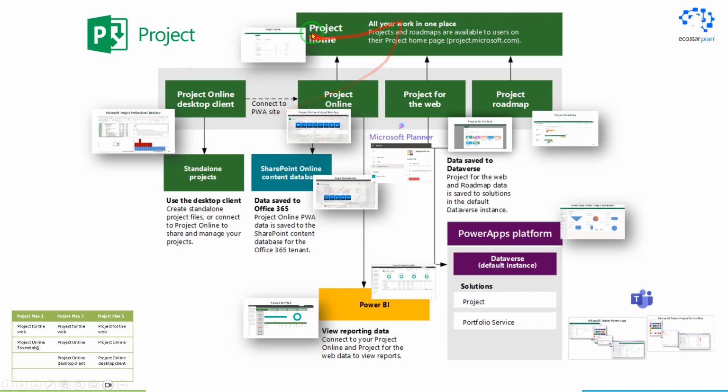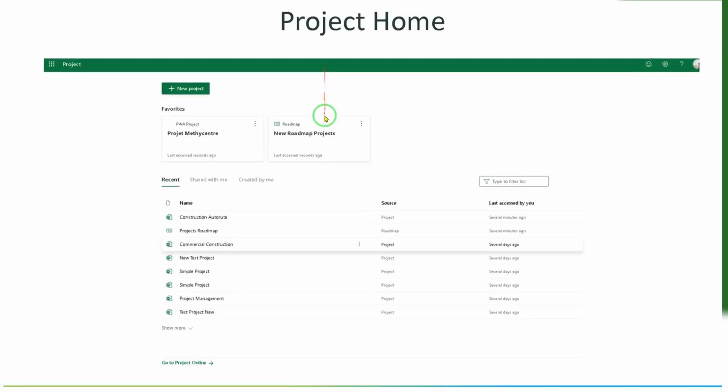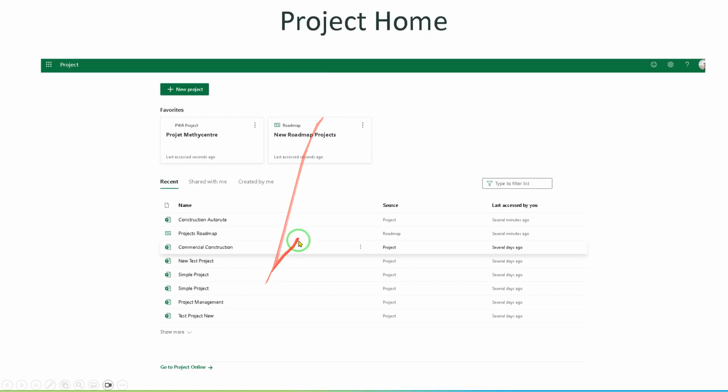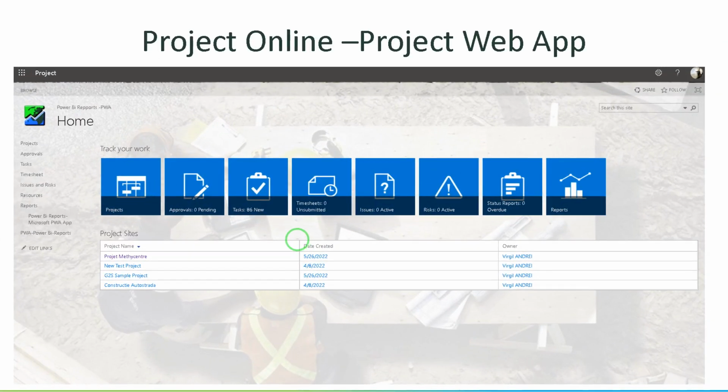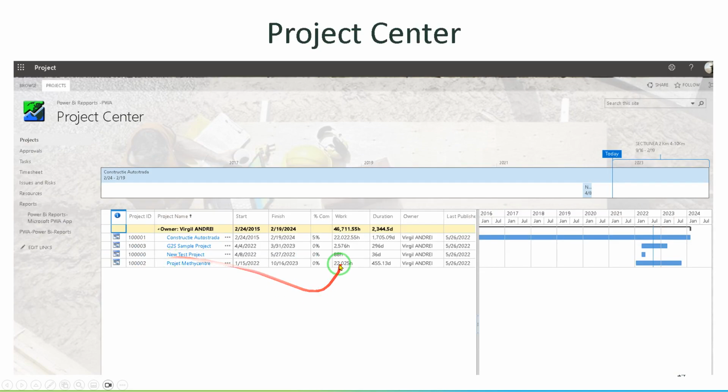Okay, now going again, Project Home, we have a list of existing projects. Going further, inside Project for the Web, Project Web App, here we can have a project center. So this is mostly used for complex projects where we need a project site. So here we can have a project site for each individual project.